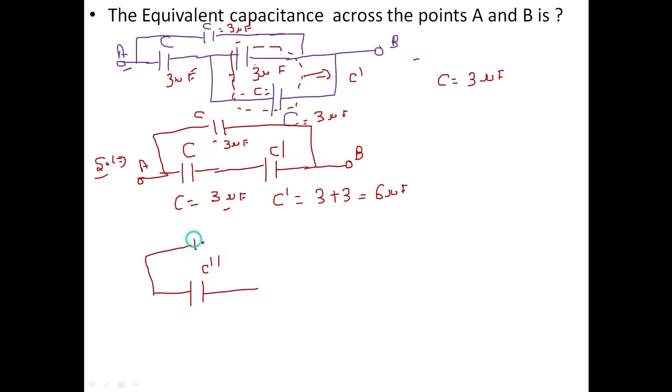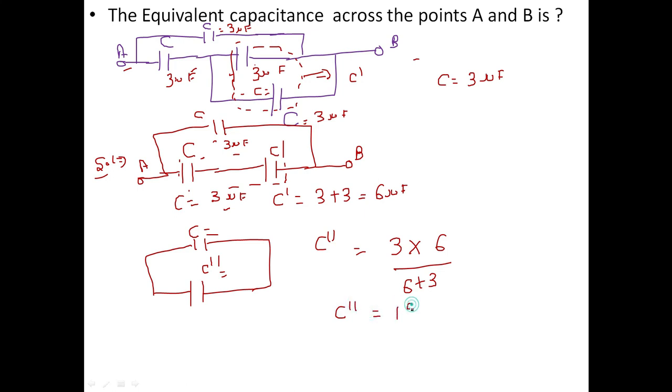The two in series are multiplied: 3 multiplied by 6 over 6 plus 3. So C double dash equals 18 divided by 9, and 9 twos are 18. So C double dash is equal to 2 microfarad, and C is again given by 3 microfarad.